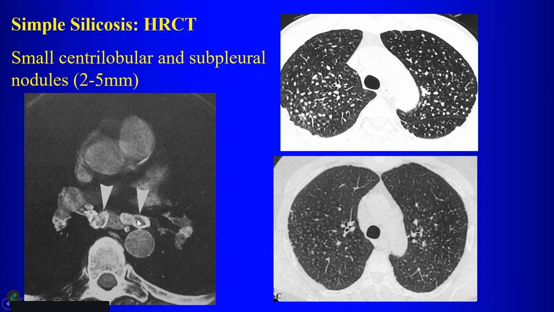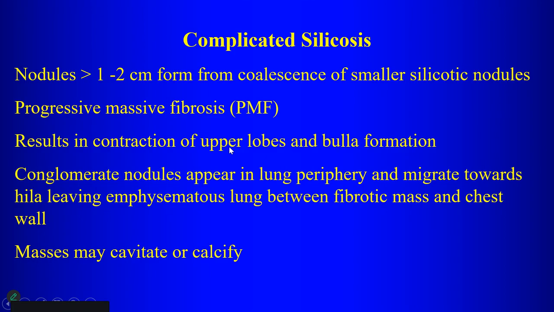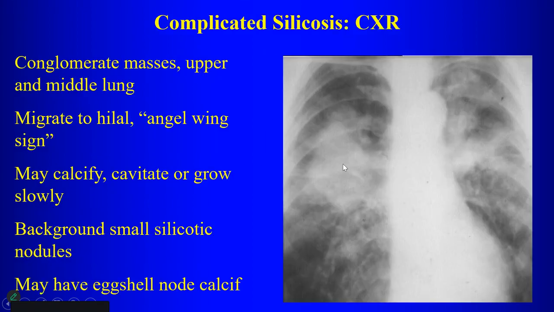We can also see these eggshell calcifications associated with silicosis, in addition to the micronodular pattern. Complicated silicosis is when the nodules coalesce to form larger fibrotic masses, which we call progressive massive fibrosis. The lateral border of these can be parallel to the chest wall surface.